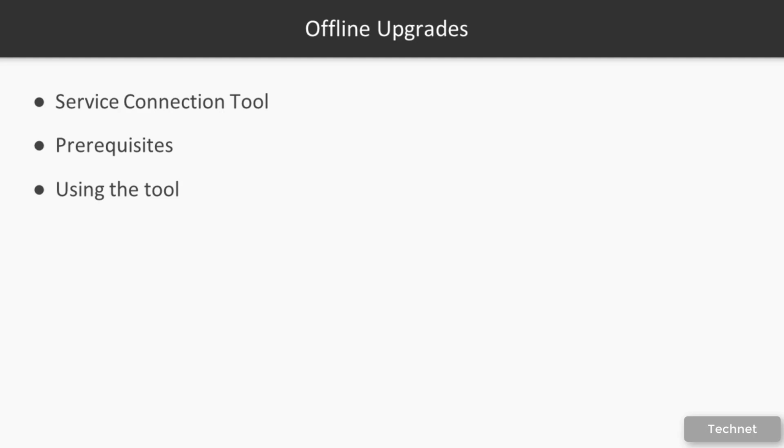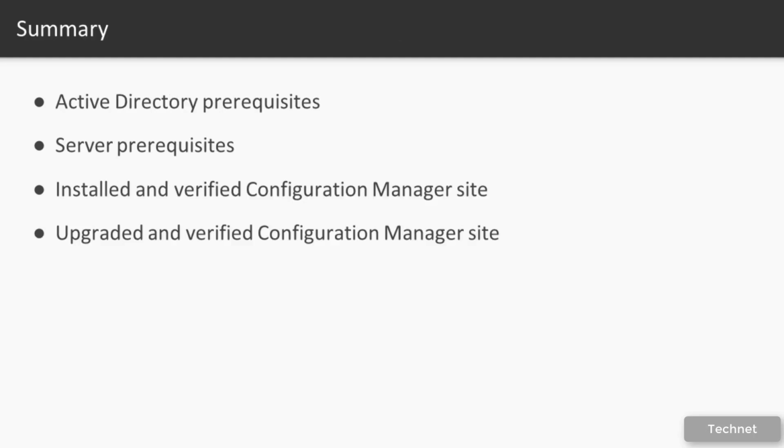We've covered a lot in this section and carried out a lot of configuration. We extended the Active Directory schema with custom attributes for Config Manager, and then created the system management container so that our site could be published to Active Directory. We then discussed and installed the server prerequisites, including the Windows ADK.